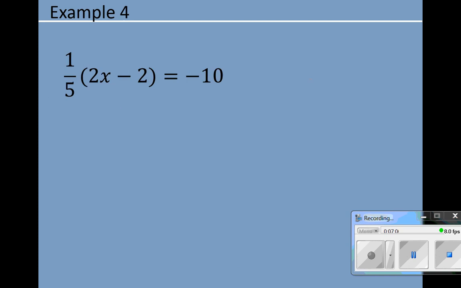Here's the last example. 1/5 times 2x minus 2 equals negative 10. So the first thing we're going to do with this one is distribute the 1/5. We're not going to clear a fraction yet. We're going to distribute the 1/5 just like we did on yesterday's assignment.